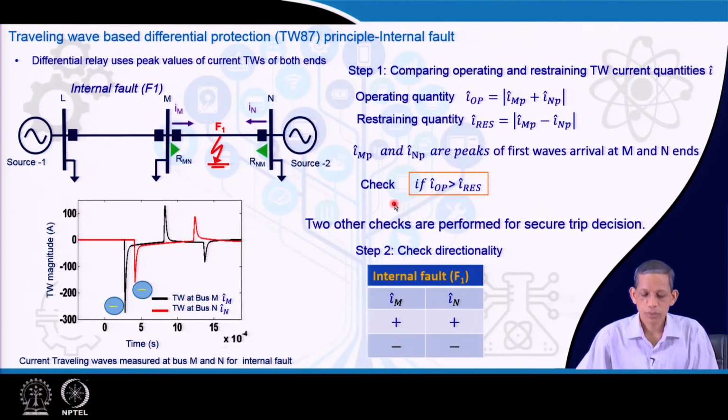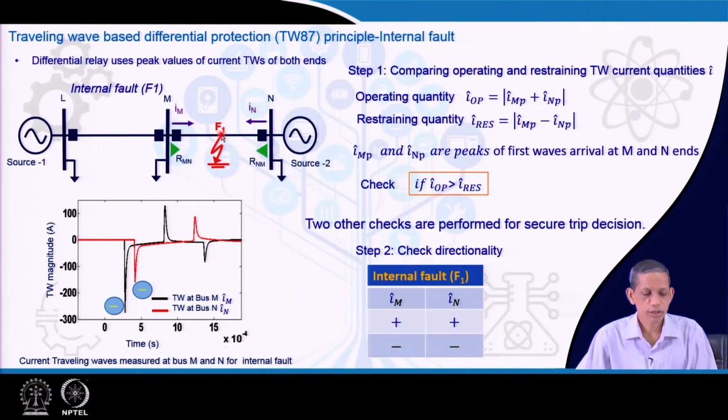But note that these signals are available only for a few microseconds and very quick processing is required. So, to make it more secure, there are two other checks a typical relay uses. It may incorporate more also for a better decision. The next, step 2, is directionality.